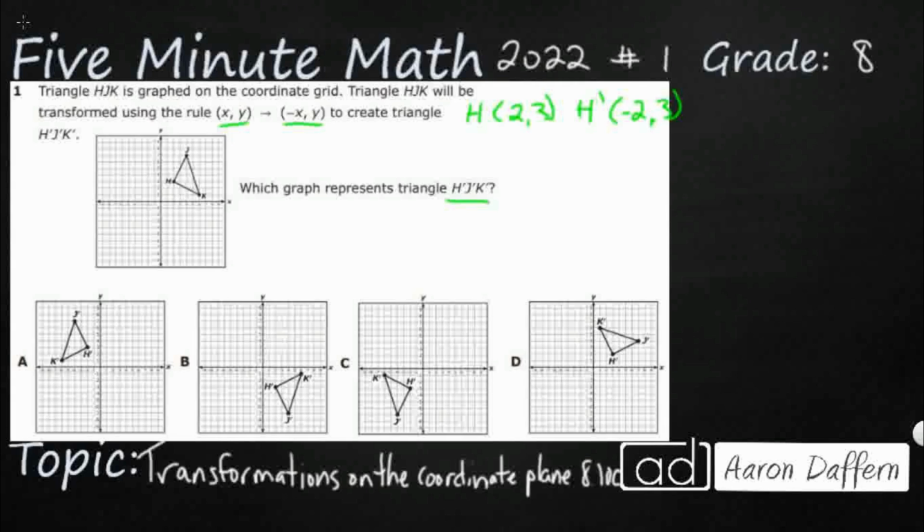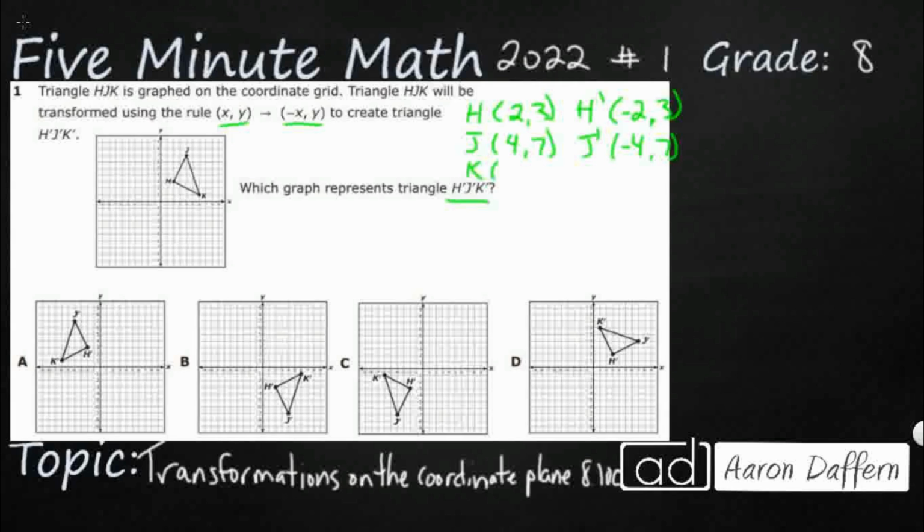So it's good when you get a chance, if you can graph it, if they're labeled, go ahead and just plot this out here. All right, so it looks like my J is 1, 2, 3, 4, 7. So my J prime is going to be negative 4, 7. We're not changing the y, just changing the x and inverting the sign there.